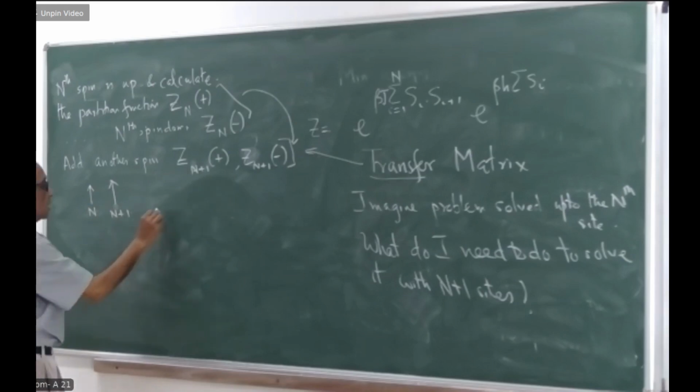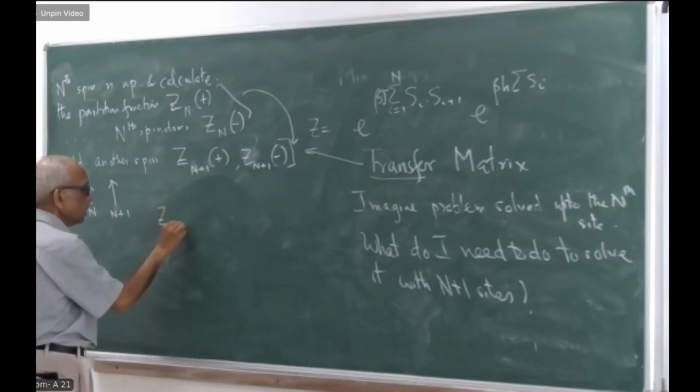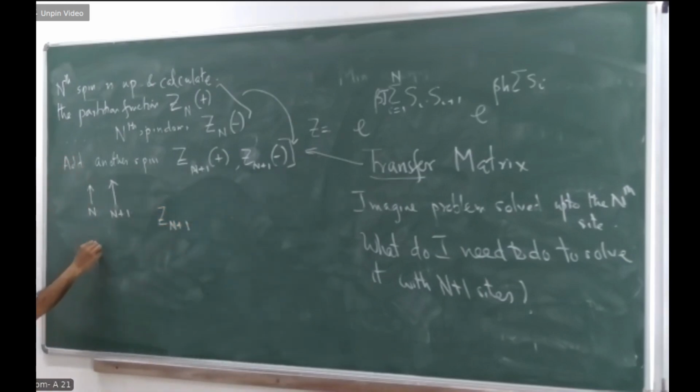So Zn plus 1 can come from this as well as this. The nth spin could have been up, in which case the contribution to Zn plus 1 will be from this, and the nth spin could have been down, in which case the contribution is going to be from this.